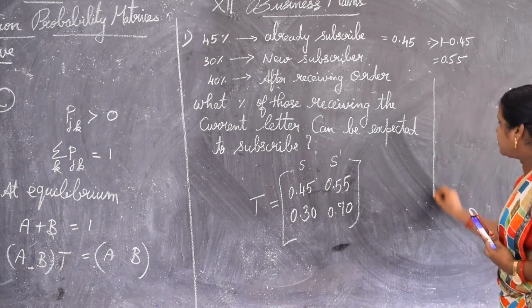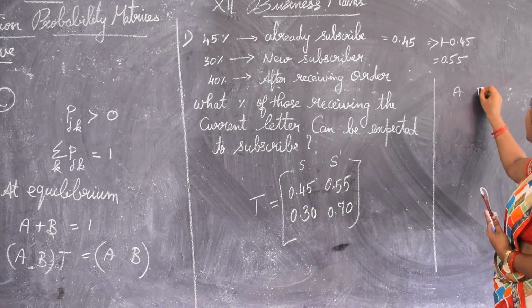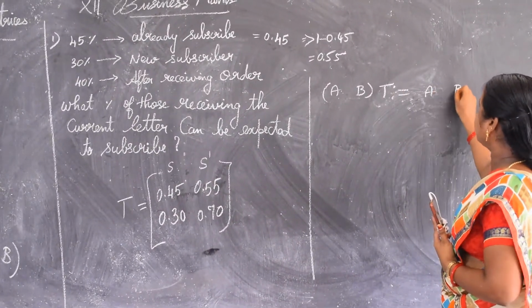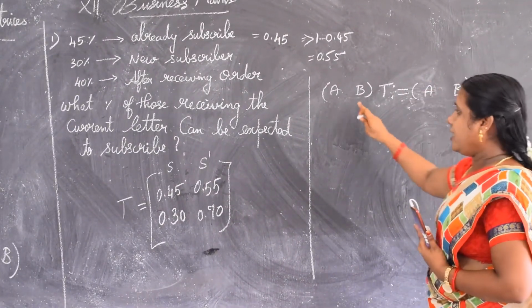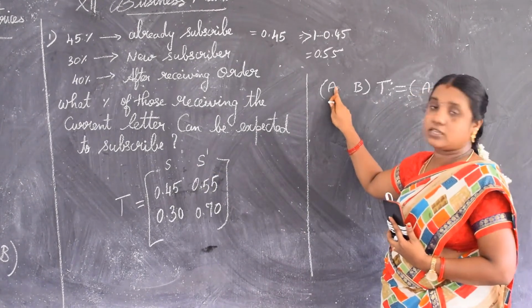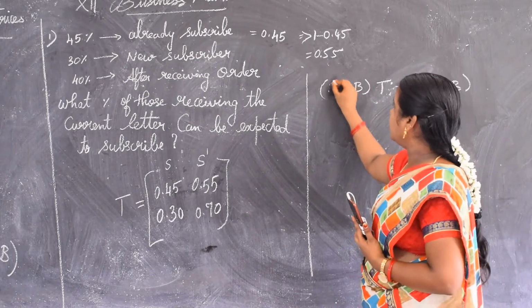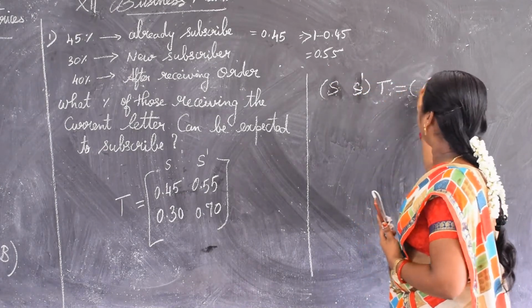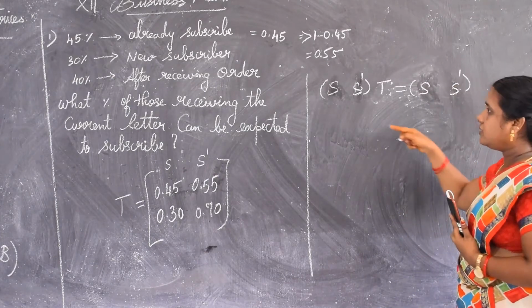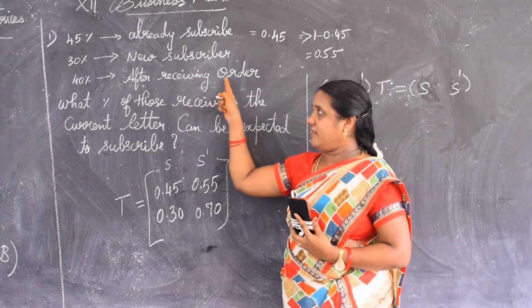Now I am going to use this formula. At equilibrium, AB times the transition matrix is equal to AB. Here I have used S, S dash. You can write it as AB, or you can keep S, S dash. Instead of AB, we can use these alphabets also. This S is after receiving the order.